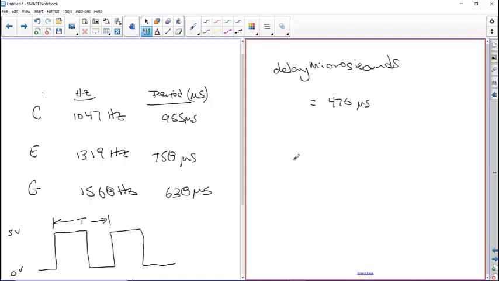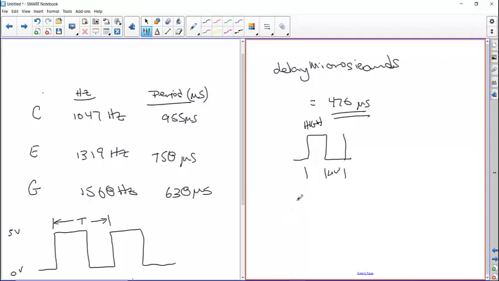So when you do the programming, you will have a delay on high of 476 microseconds, and then you'll have a delay for the low part, which will be the same thing. And you can divide the others by 2 to get the corresponding ones for E and G. So those are the delays that you're going to need.